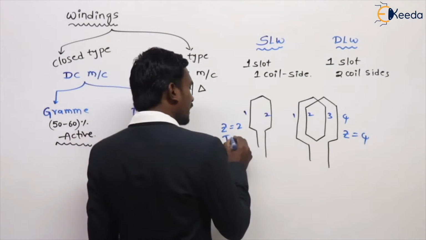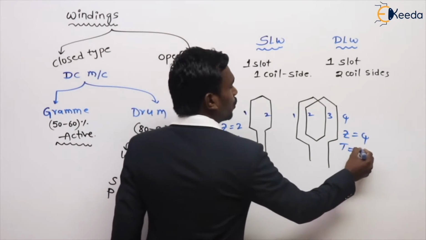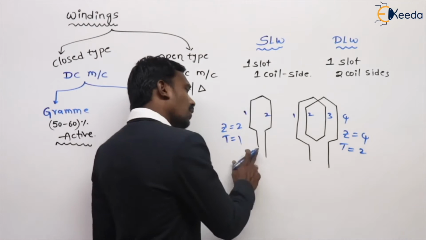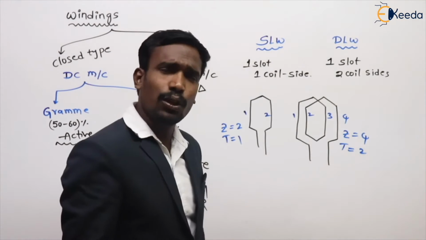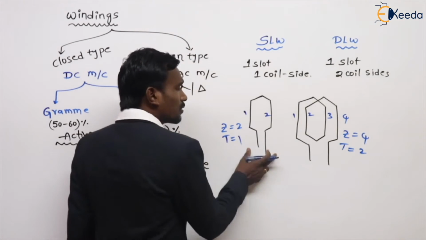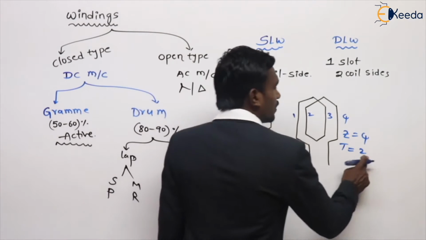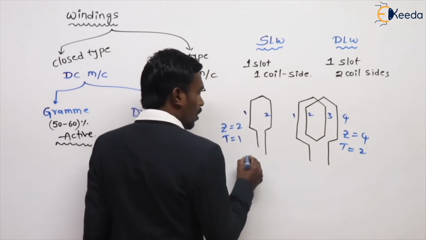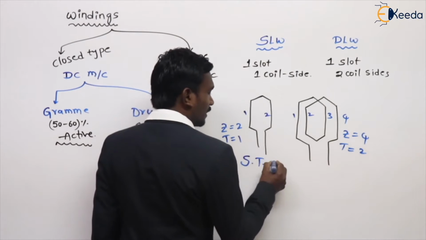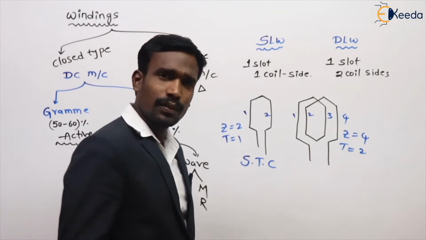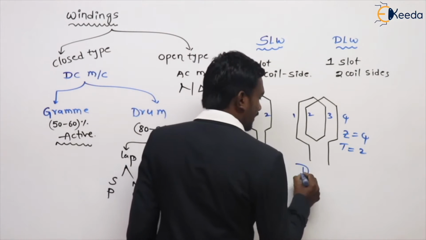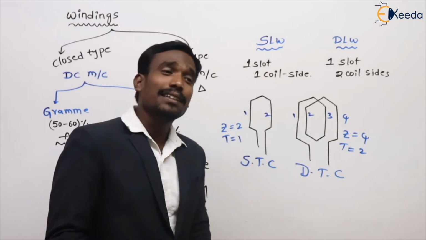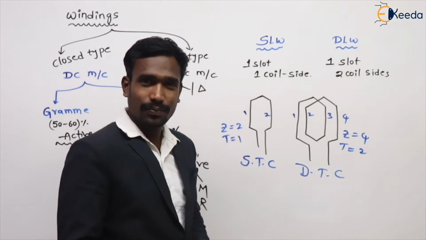Here we have a single turn. Here we have two turns. This is also a coil and this is also a coil. Both are coils, but this coil has only one turn and this coil has two turns. So this is called a single turn coil, and this is called a double turn coil.